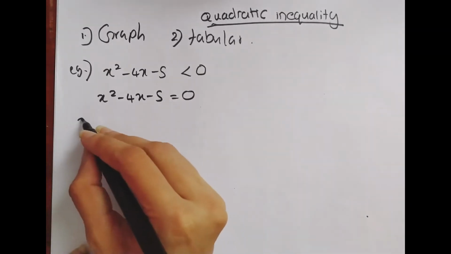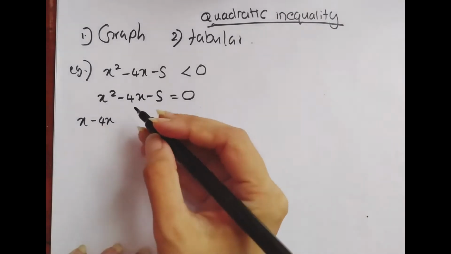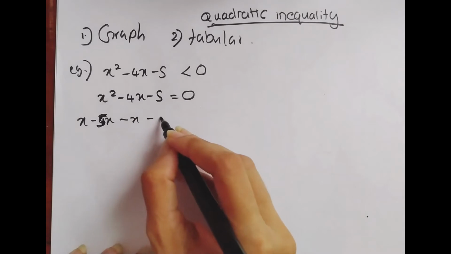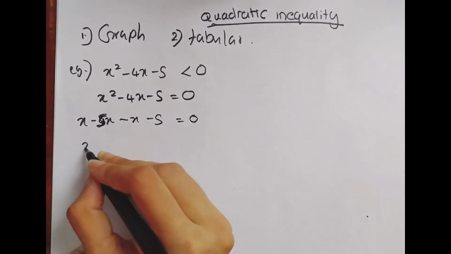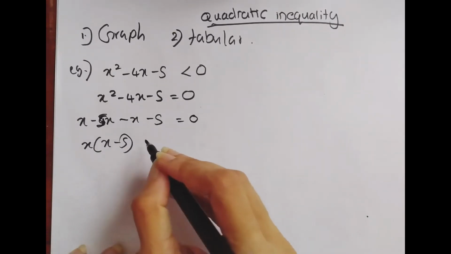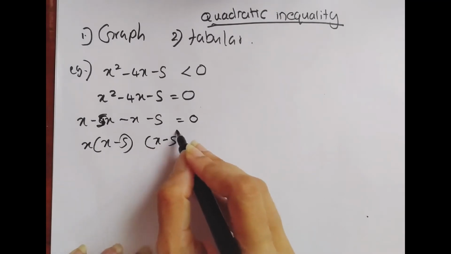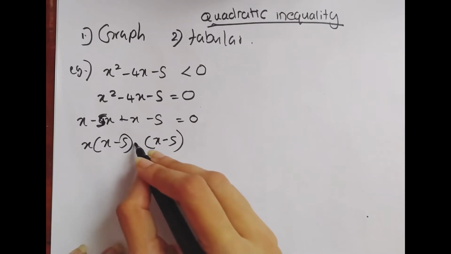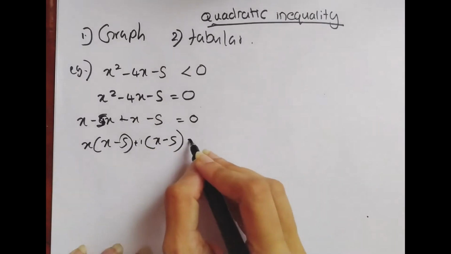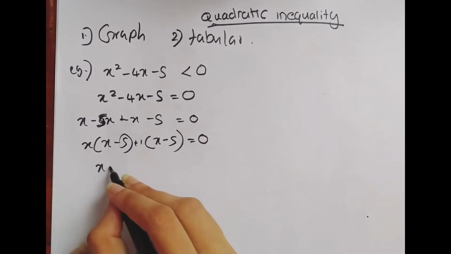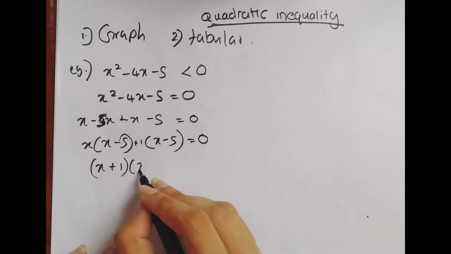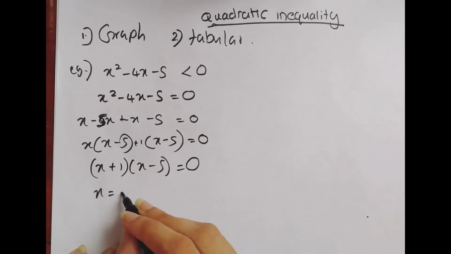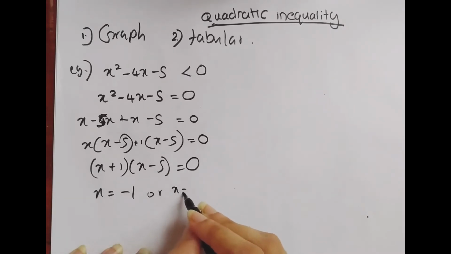That is x squared minus 5x plus x minus 5 equals 0. Take x out: x(x minus 5) plus 1(x minus 5) equals 0. So (x plus 1)(x minus 5) equals 0. So x is equal to either minus 1 or 5.